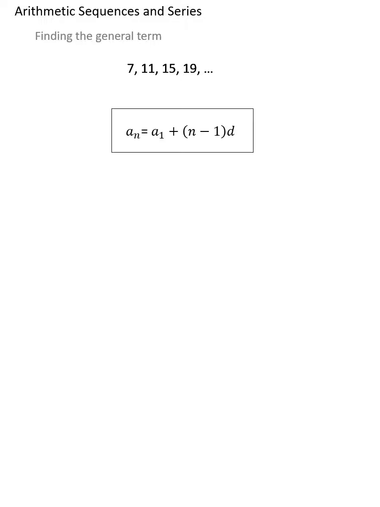Here's a general formula that you can use for arithmetic sequences and series to either find a specific term or a general term. Let's look at an example of finding a specific term first. Suppose we wanted to find the 10th term of the sequence above. Well, I could use this formula. First, let's note some elements of the formula.